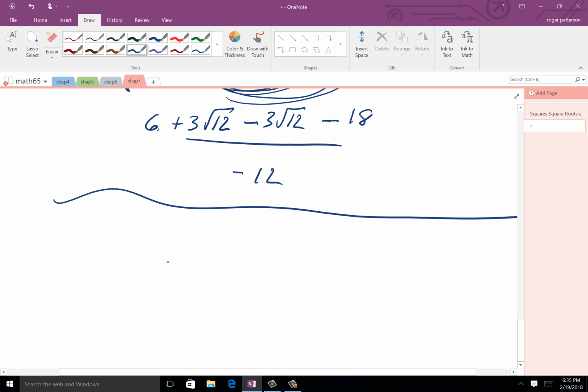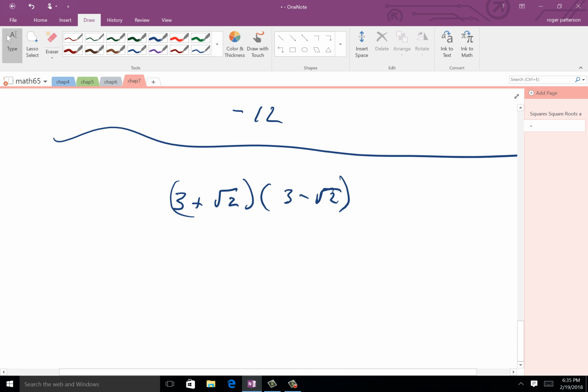All right, let's do square root of 2 times 3 minus the square root of 2. Okay, let's try these ones. Okay, again, we're foiling. So we get here, here, here, and here.